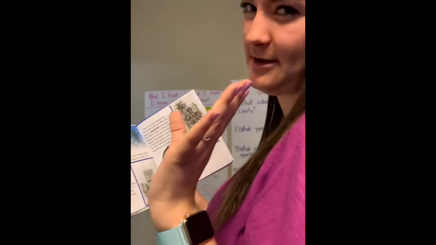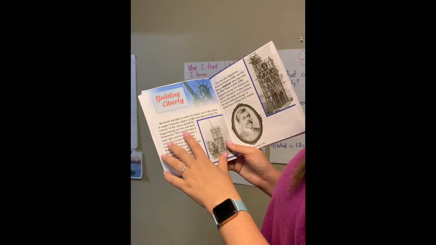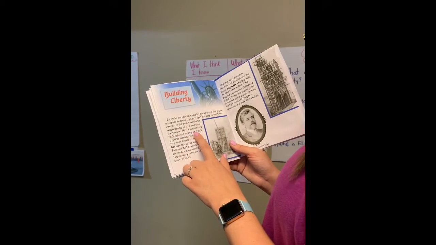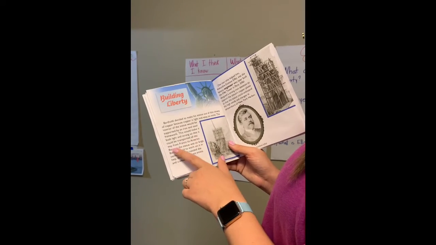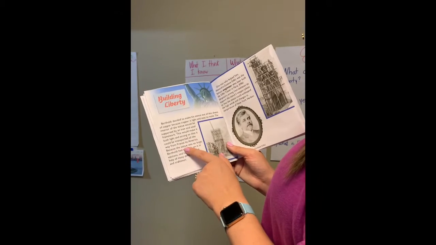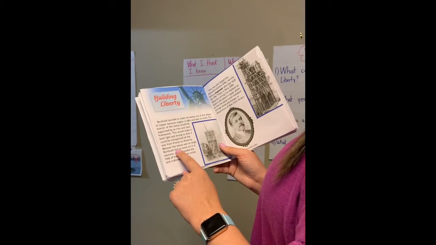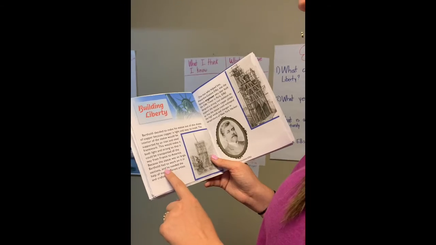But I wasn't quite completely right because it's mostly copper. This would make it both light and strong so that it could be transported all the way from France to America. Because the statue was so large, Bartholdi had to work on it in sections.